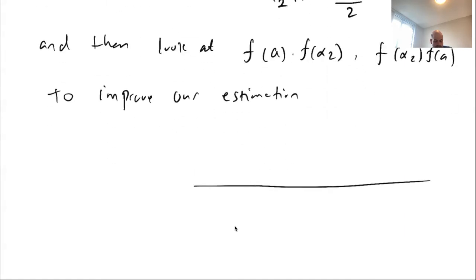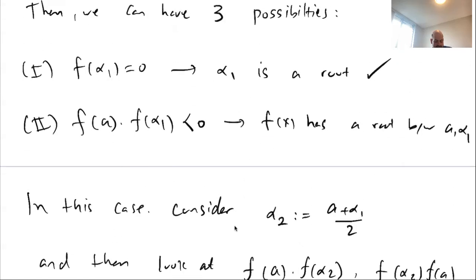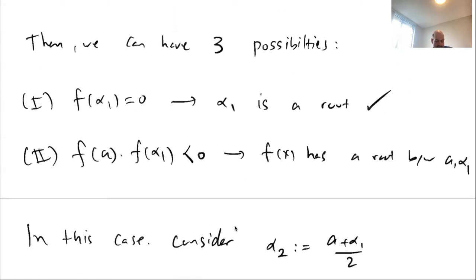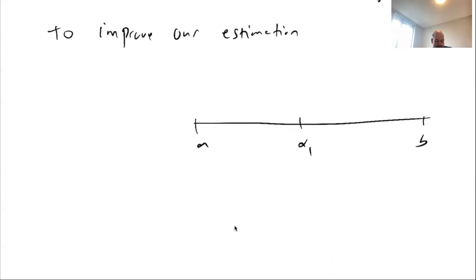See, this is a, this is b, and this is alpha 1, which is the average. Now, let's say f of a times f of alpha 1 is negative. That means our root, remember, we are locating the root. We know that it's between a and b. Now, if f of a times f of alpha 1 is negative, that means the location that we are looking for is between a and alpha 1.